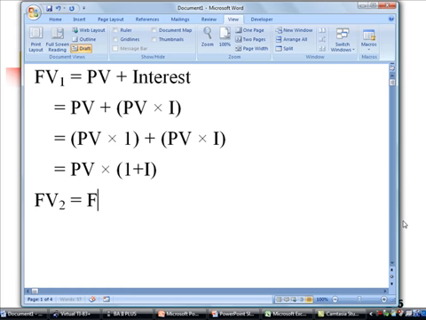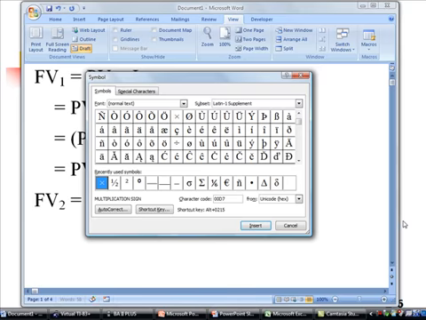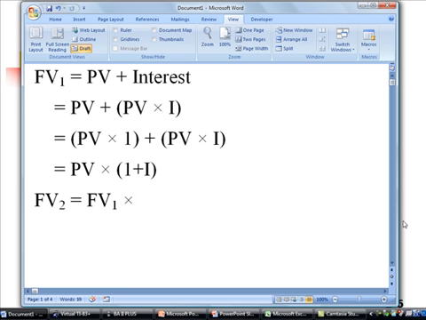Well, I would argue that it's the future value after 1 period times 1 plus I again. Why is that? Well, because you're taking what you had at the end of the first year and you're again growing it at an interest rate of I. And the effect of that is to multiply what you had by 1 plus I. In this case it would have been 1.10.